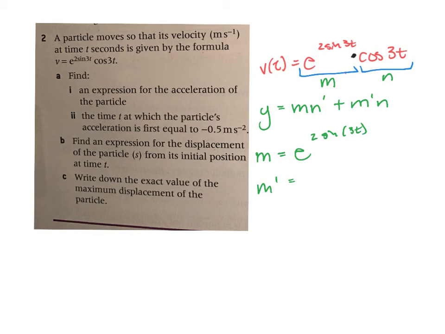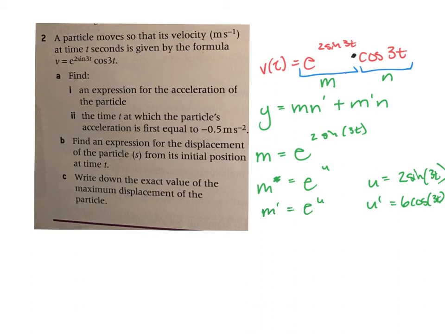So we're going to write this as m equals e to the u, where u equals 2 sine of 3t. U prime would be 6 cosine of 3t. The 6 comes from the fact that we're going to end up multiplying by that.